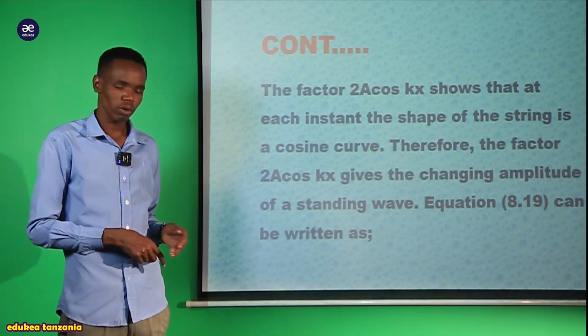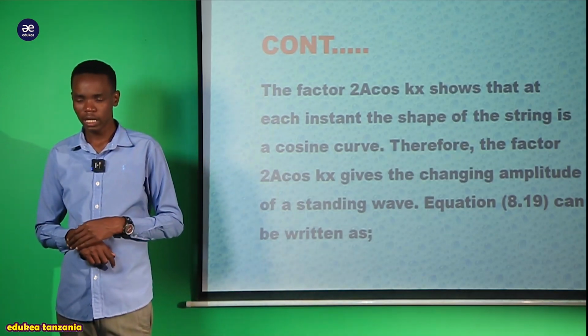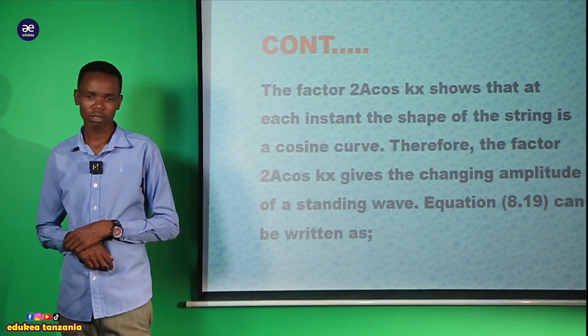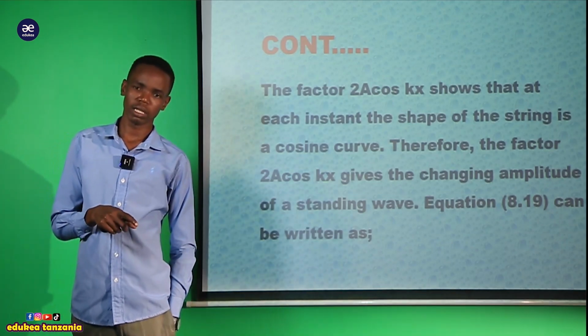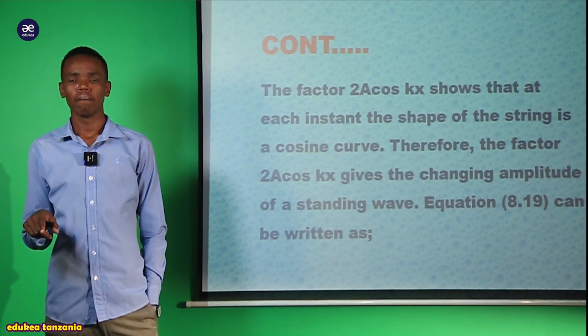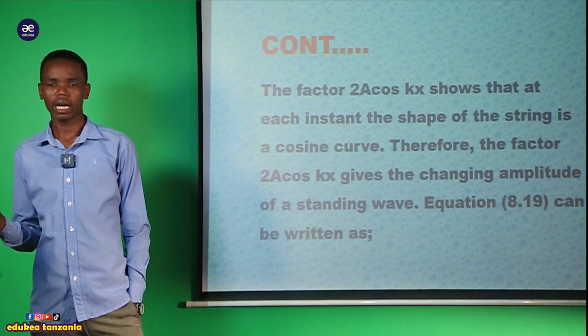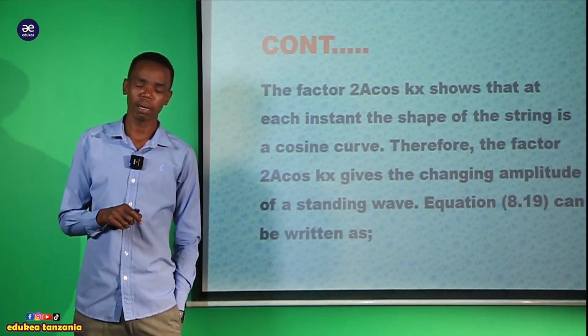If we substitute our formula, we get that the net displacement is equal to a sin(wt minus kx), then we add a sin(wt plus kx).